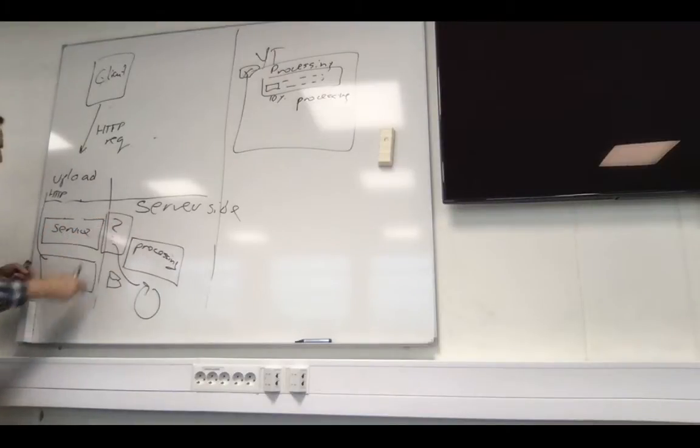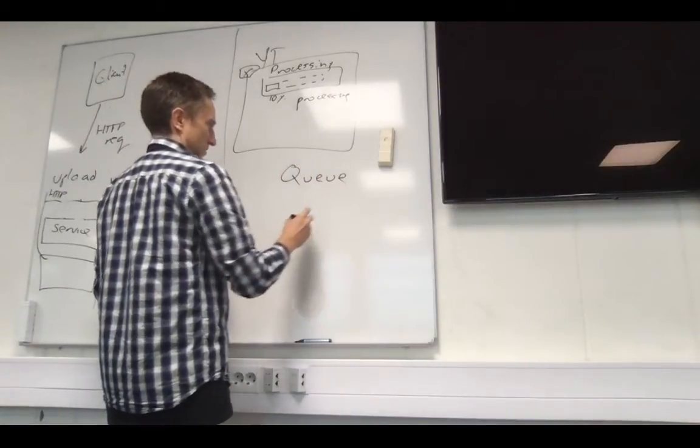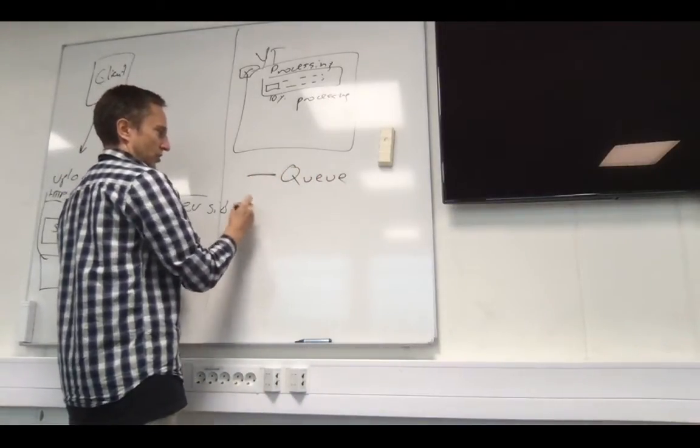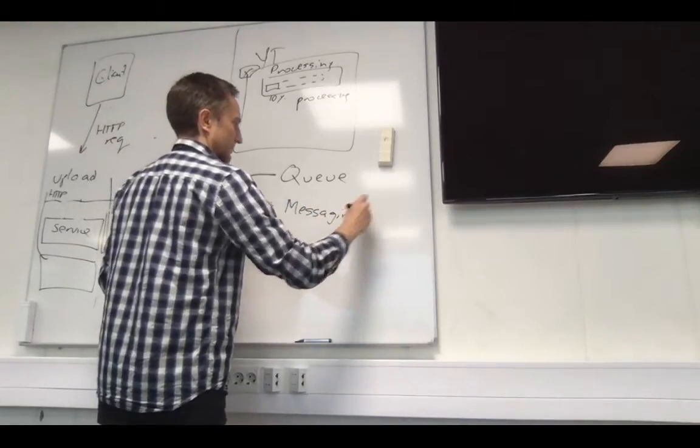And this question mark here is usually either a queuing system, so you have some sort of a queue, or you have some sort of messaging system, a messaging bus.